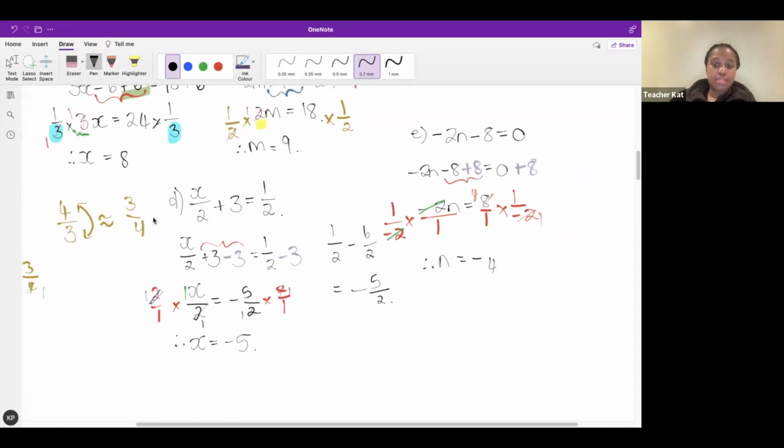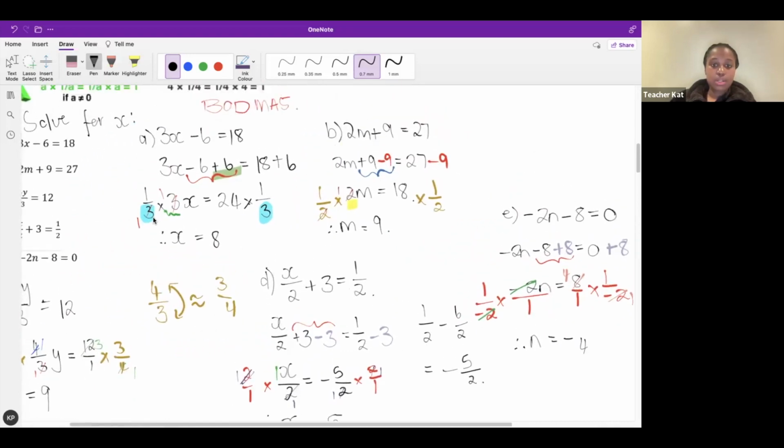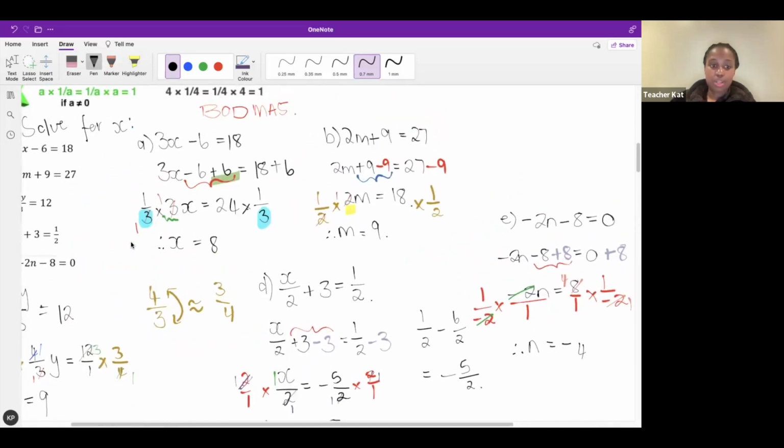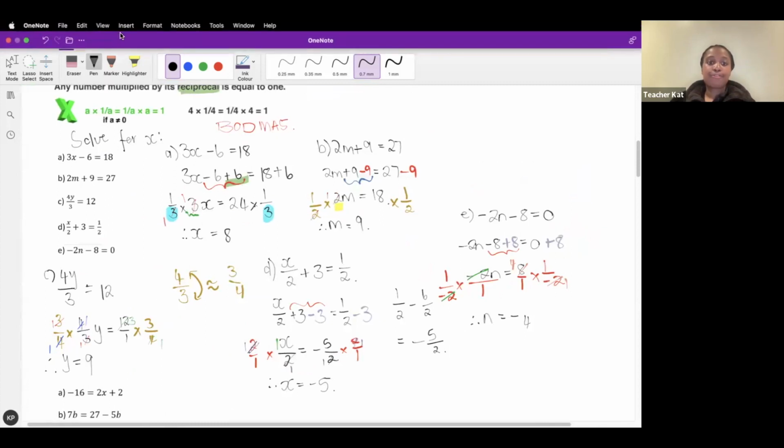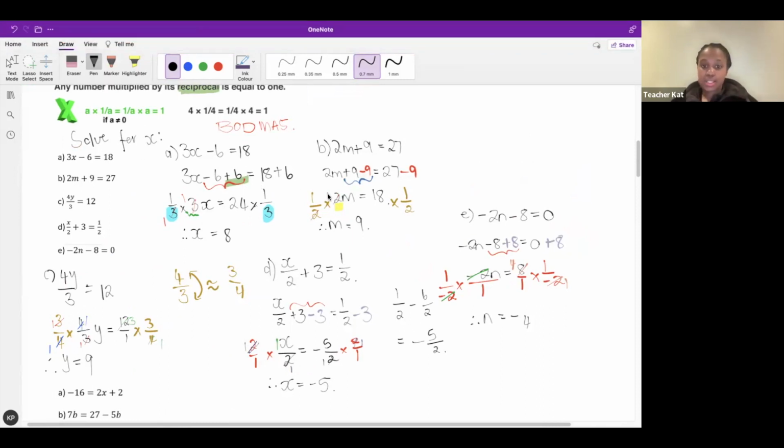Okay, let's have a thumbs up, thumbs down. Let me zoom out here so you can screenshot properly. And while you're doing that, can I have a thumbs up, thumbs down on using multiplicative reciprocals and additive inverses? Let's hear. Wonderful, wonderful. There are very few responses.